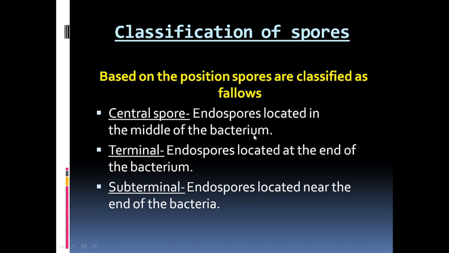Terminal spore: the endospore located at the end of the bacterium. Terminal means end, so at the end of the bacterium there will be an endospore. Next, subterminal endospores are located near the end of the bacteria.